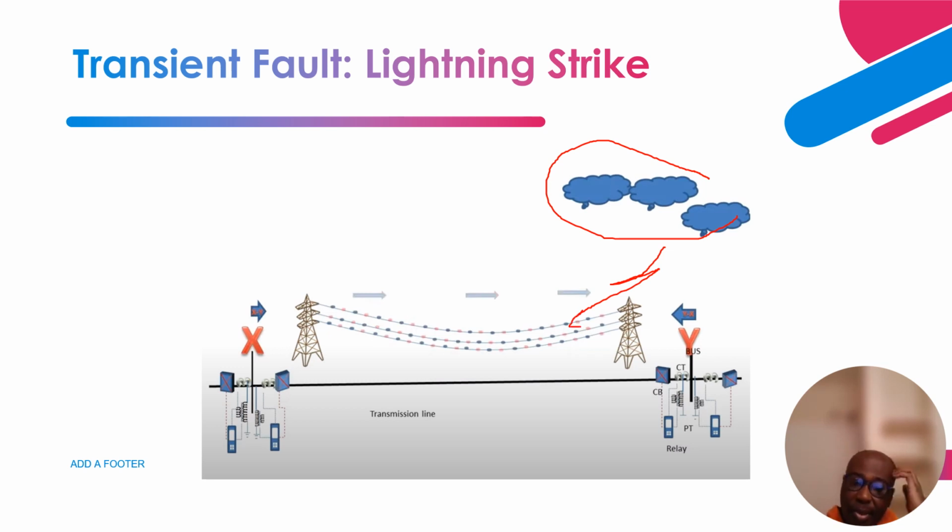So you have a traveling wave that is going to hit the conductor, but the surface is going to ionize, because of the surrounding air, which is acting as an insulator. So once the ionization is finished, the fault disappears. So that is why they call them transient faults.